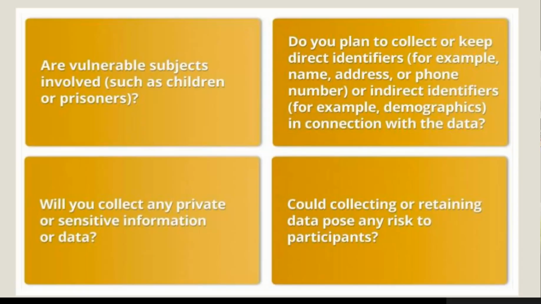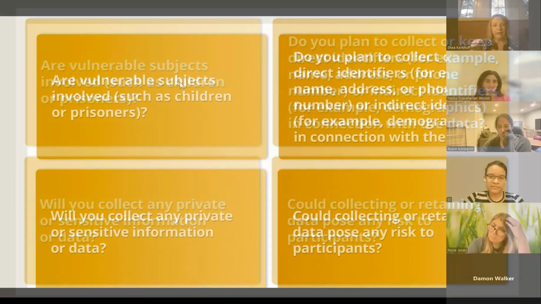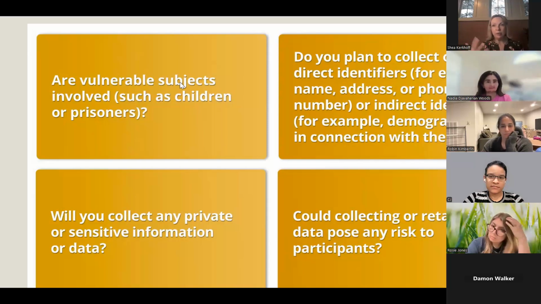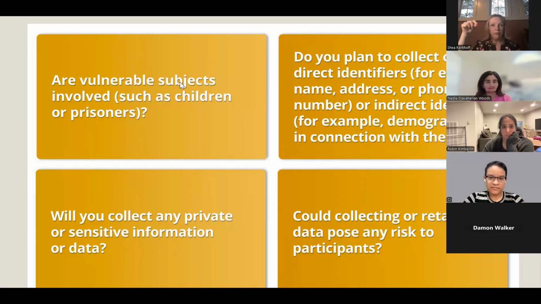So let's say in Robin's research, she's not collecting names or email addresses, but I say that I'm between 45 and 50, I'm white, I'm a female, I'm a professor at UMSL in chemistry. Well, then there's only one, right? So then you know it's me, because once you put all those demographics together, then it is identifiable.